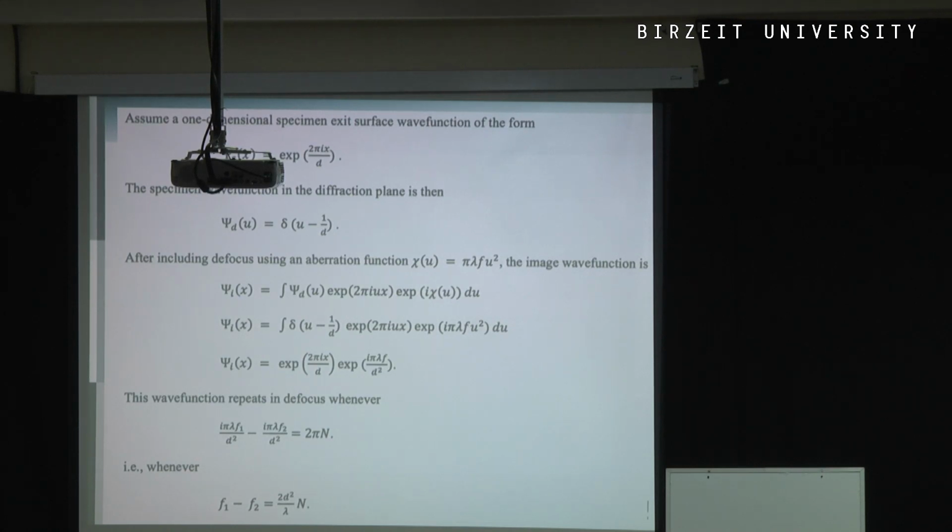And in this case, it's possible to write the wave function of an electron in terms of a single spatial frequency, like a single sine wave. And then in Fourier space, in reciprocal space, that corresponds to a single delta function, a single peak in Fourier space.